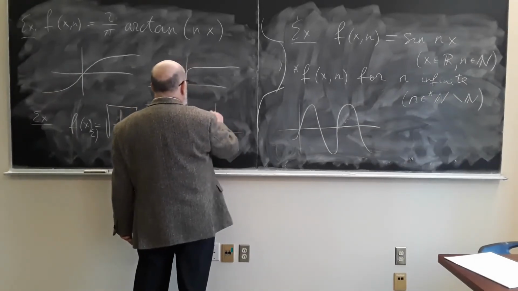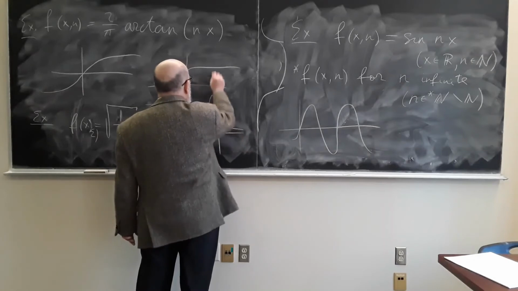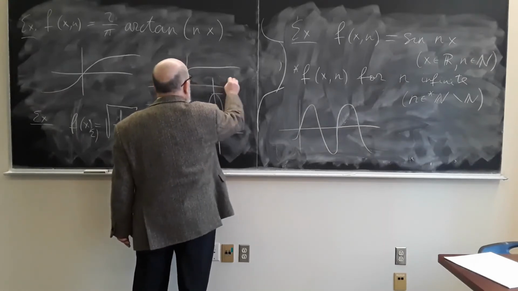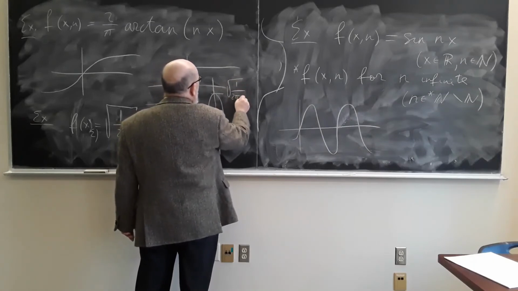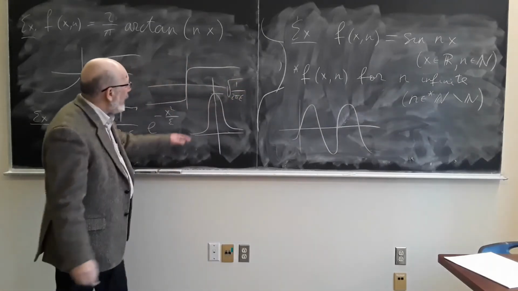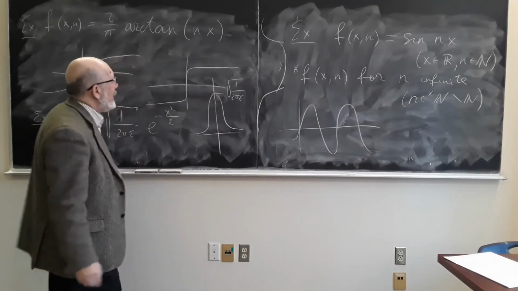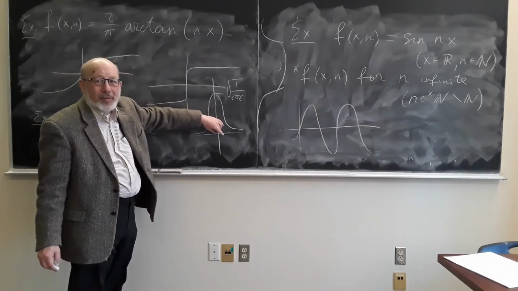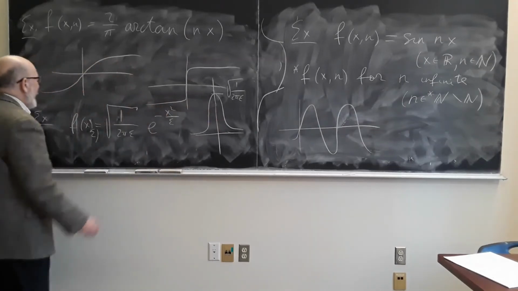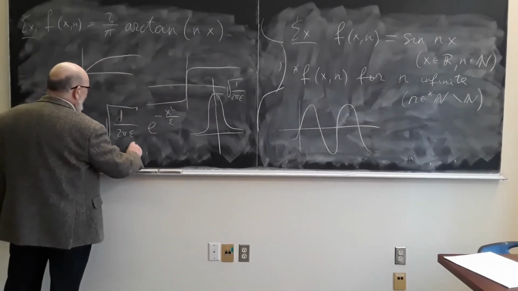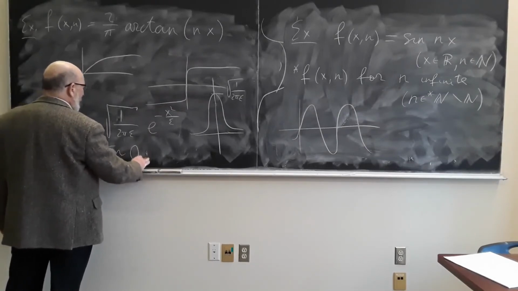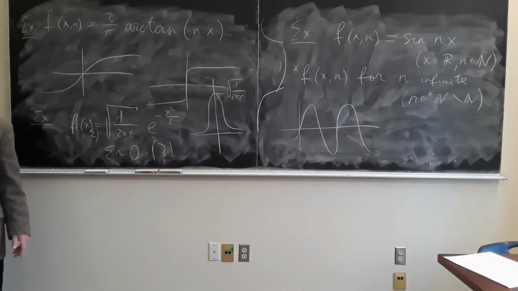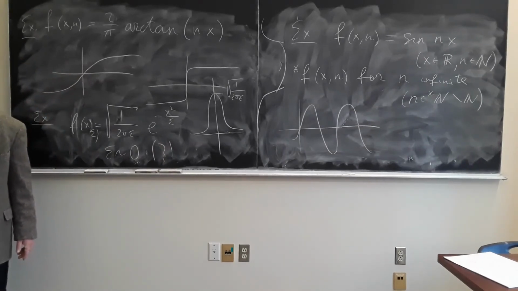So what is this? For finite epsilon, it looks like this. So this height is the square root of 1 over 2 pi epsilon. So when epsilon goes to 0, this height goes to infinity and this width goes to 0. But it's interesting when epsilon is infinitesimally small. What can be said about this function?